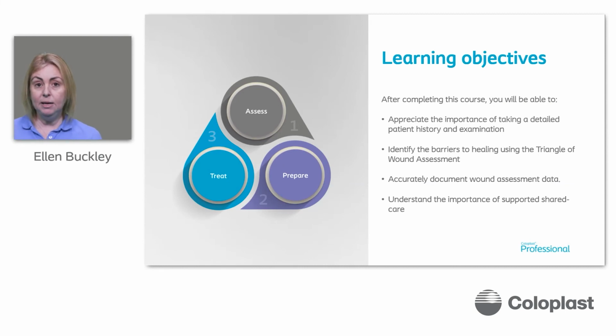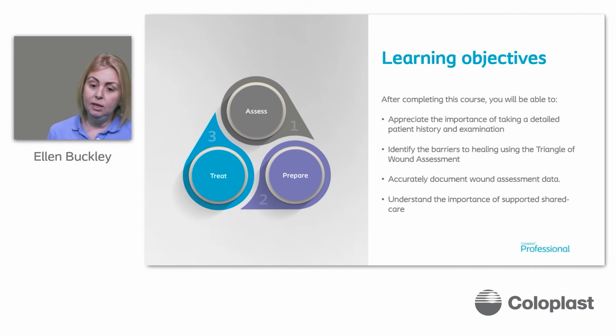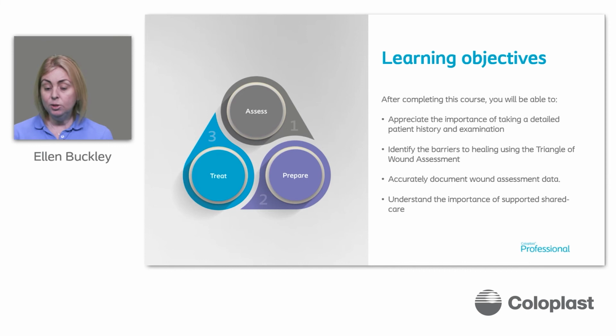So just to recap the learning objectives that we talked about at the beginning of the session, hopefully you'll be able to now appreciate the importance of why we need to take a really detailed patient history, why we need to do a really careful examination of the patient, to help us identify any barriers to healing using a framework such as the Triangle of Wound Assessment.